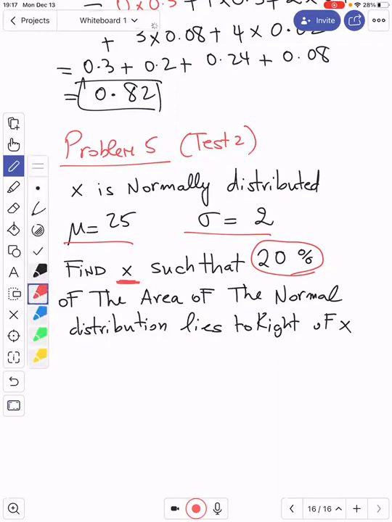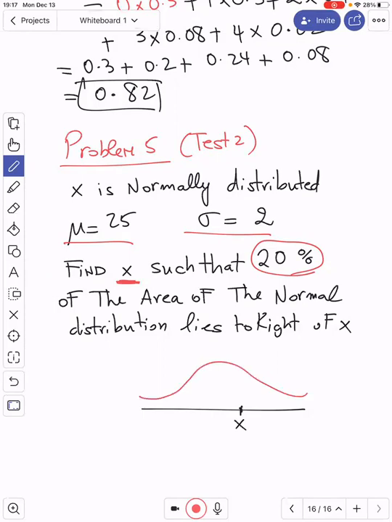So what we are saying is, here's your x. This is the graph of the normal distribution of x. And we know that 20% of the area of this normal distribution lies to the right of x. So for which value of x would 20% of the area be to the right of x?